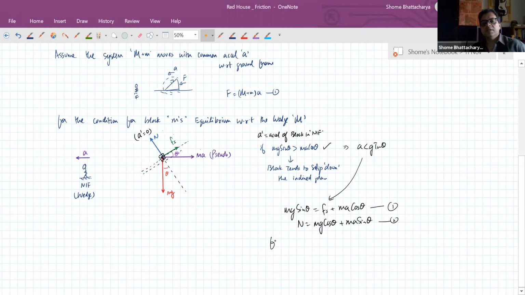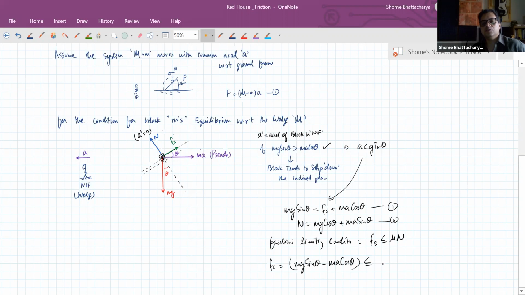Now friction's limiting condition, that is, friction is less than or equal to mu N. So from equation 1, mg sin theta minus ma cos theta is the required amount of friction.